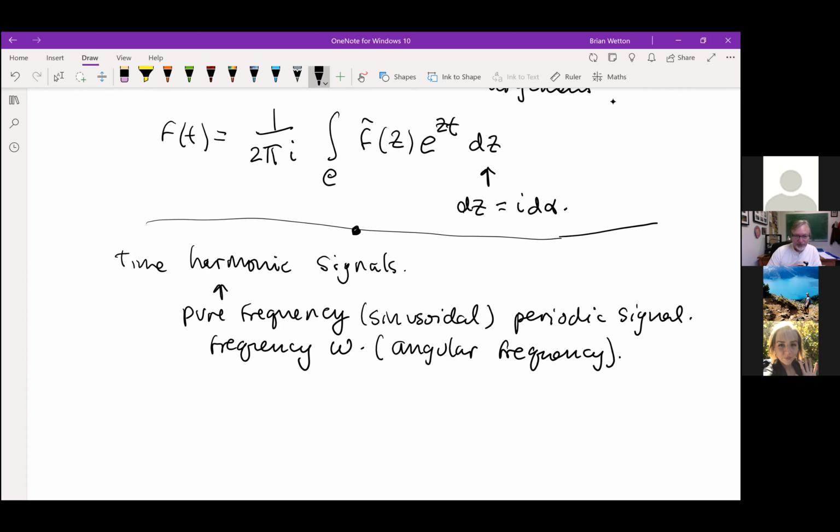And to get the actual frequency, there's a factor of 2 pi, which I always have trouble working out where the 2 pi goes. So I won't try here, okay? So a general signal like that, I'm just talking about a scalar quantity. You've got some constant times a cosine term and some other constant times a sine term.